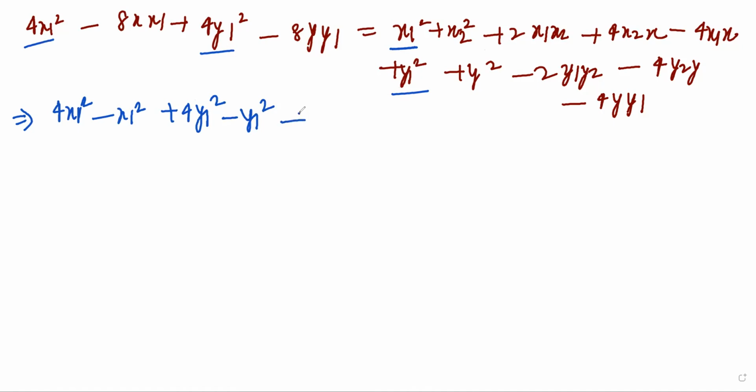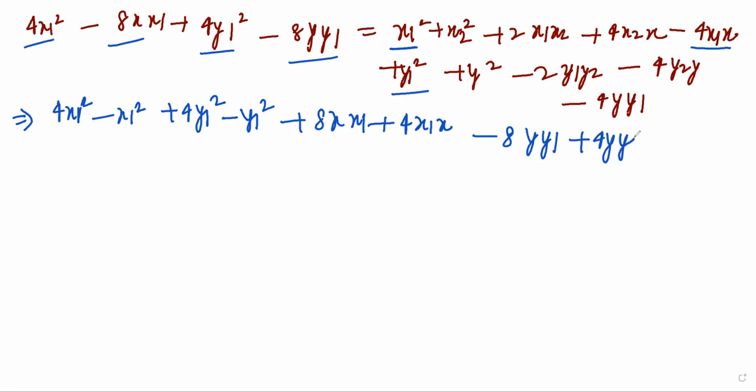Next is plus 8x x1. So here x1 is there, so add it, so it will be 4x1x. Now y is remaining, so it is minus 8y1. So it is also 4y1, right?